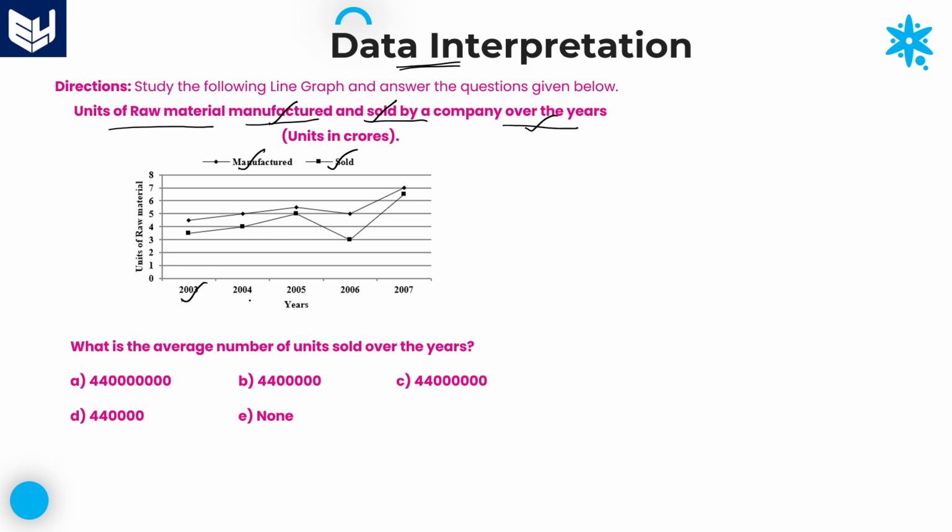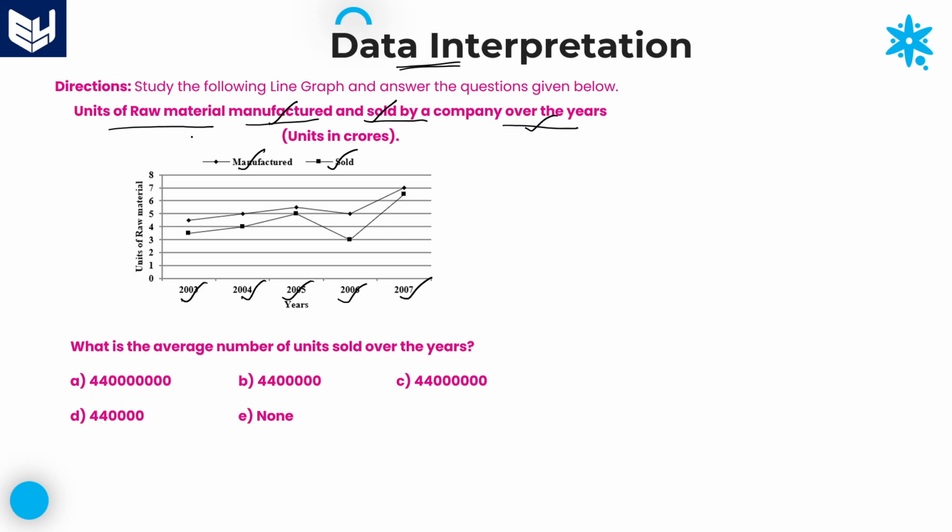Here we have the years 2003, 2004, 2005, 2006 and 2007. All together we will have 5 years, and in each and every year you will have two values. One is number of units of raw material manufactured and the other is number of units of raw material sold out.